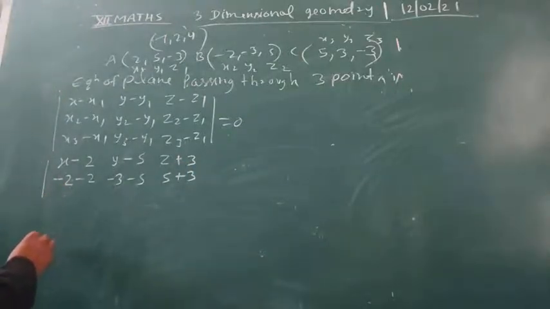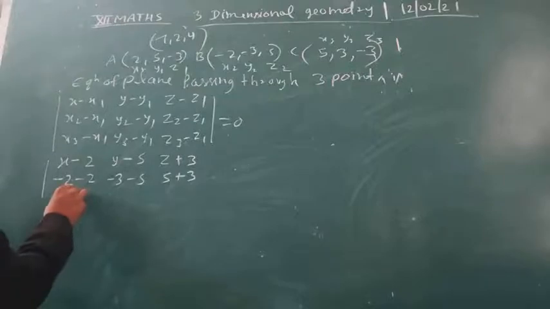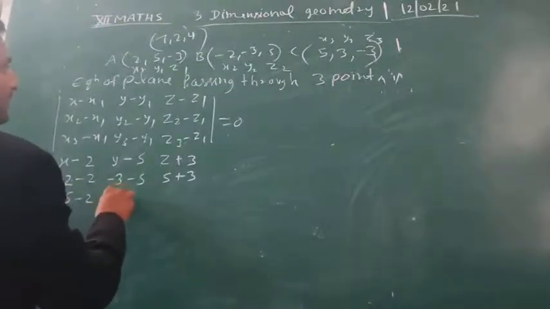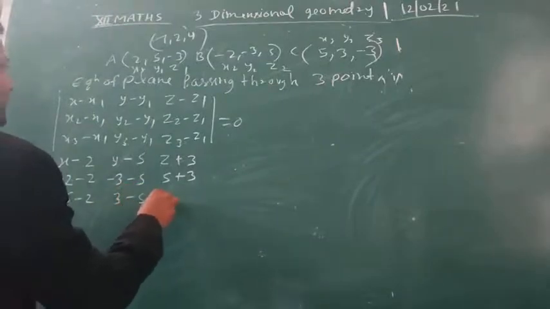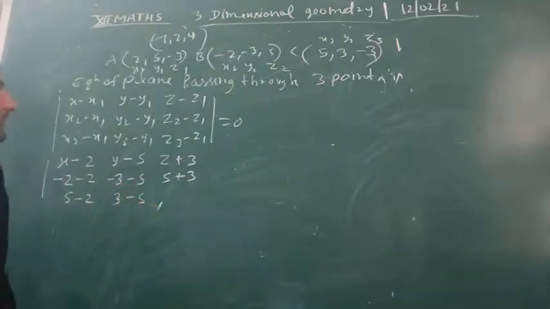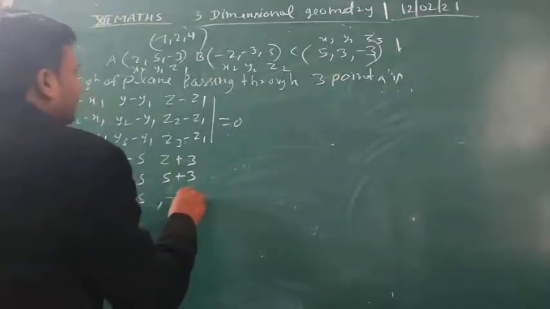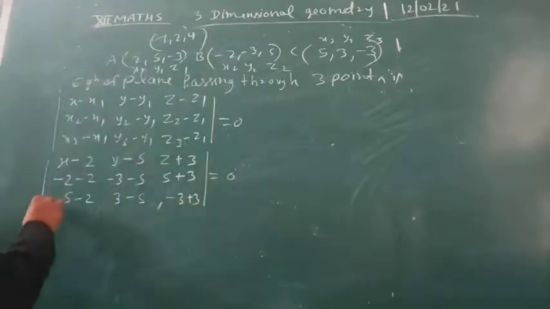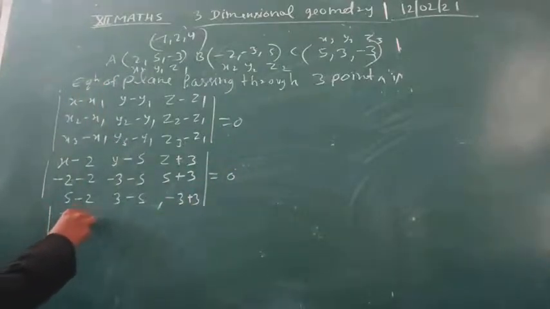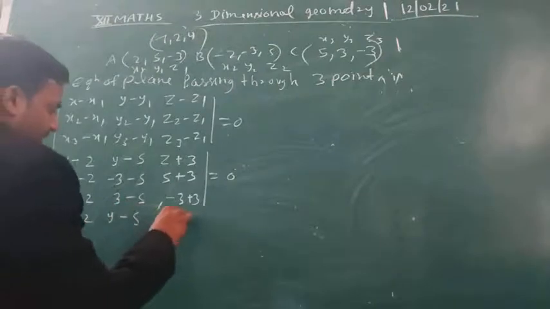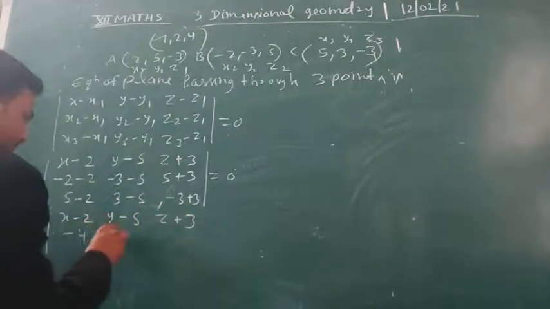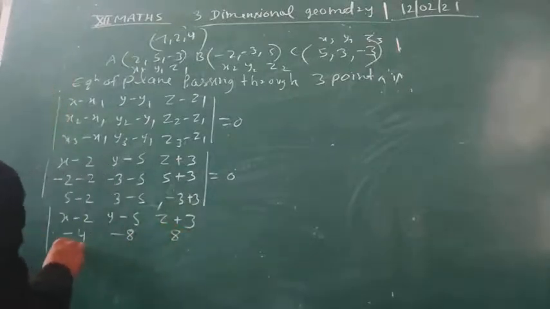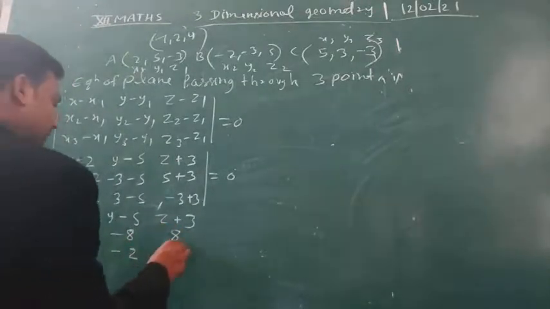And x3 minus x1 is 5 minus 2, y3 minus y1 is 3 minus 5, and z3 minus z1 is minus 3 minus 3... Okay, students. So we write x minus 2, y minus 5, z plus 3; minus 4, minus 8, 8; and 3, minus 2, 0.